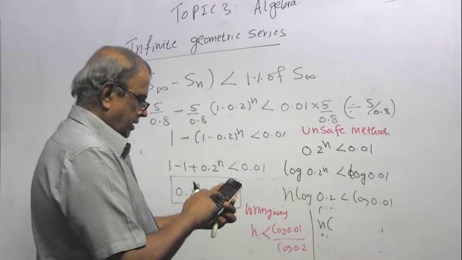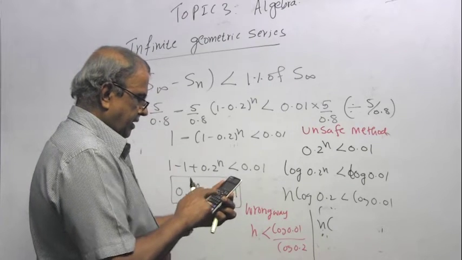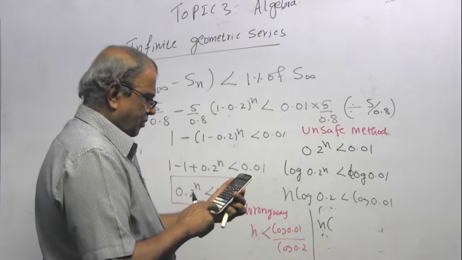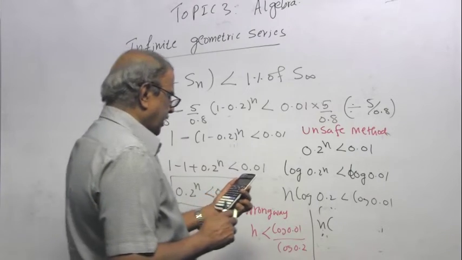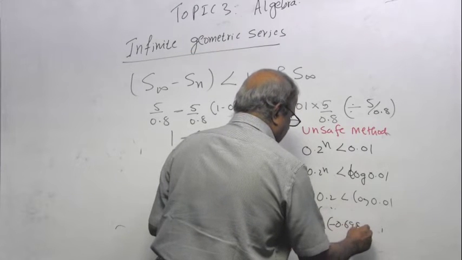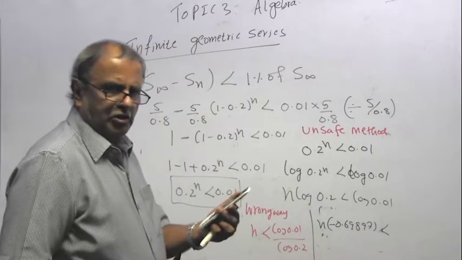Okay, I know that's because I put an extra bracket which wasn't needed. Calculators can be stupid at times. Minus 0.69897. Minus 0.69897 less than log of 0.01, which should be minus 2.